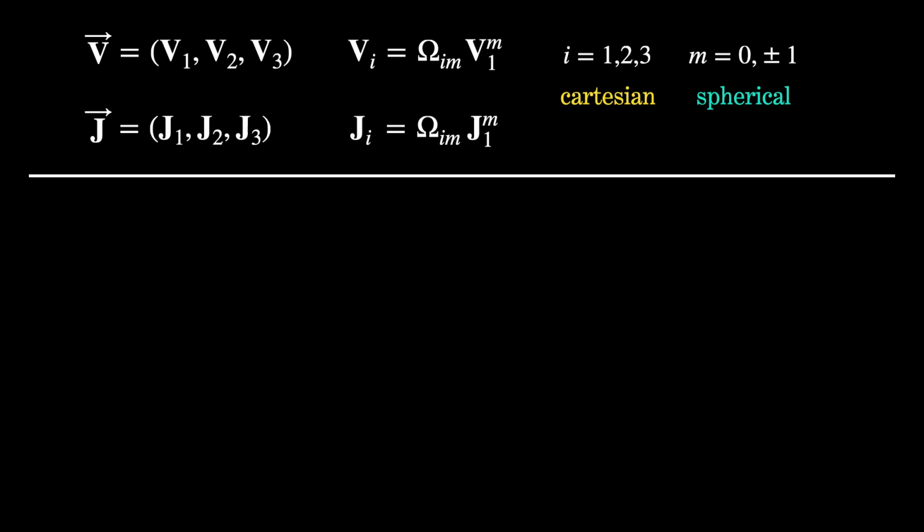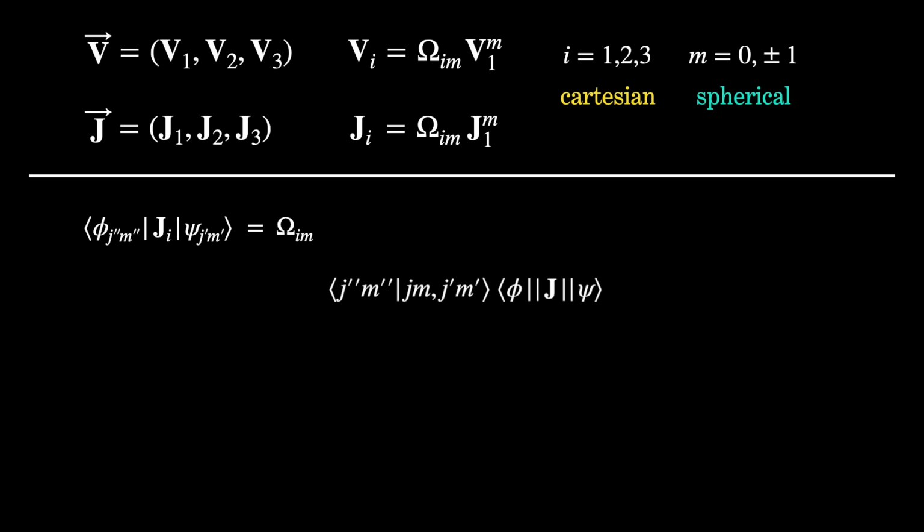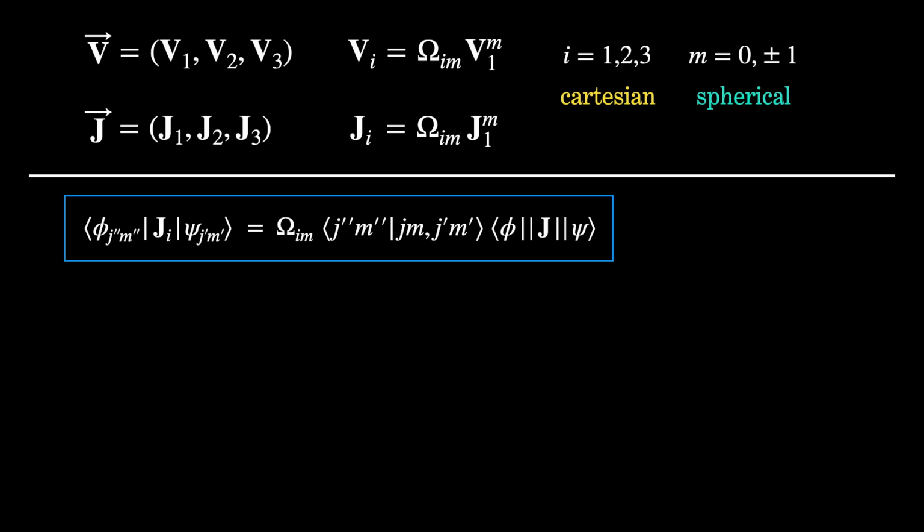We begin by looking at the matrix element of the angular momentum operator. Let's write this in terms of the spherical components. Applying the Wigner-Eckart theorem. Let's keep this result for reference.